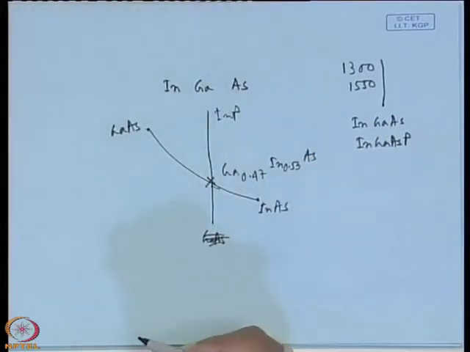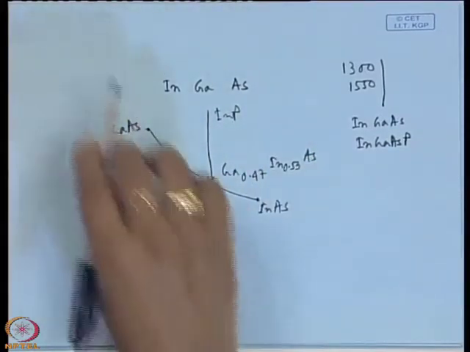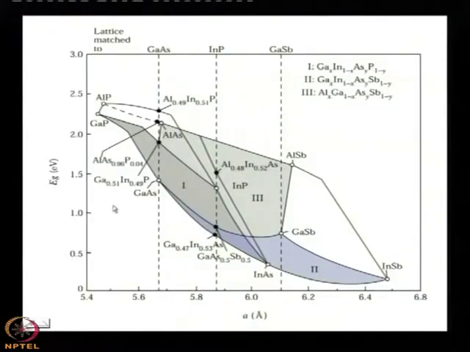So, different types of material you can grow, but the problem is the perfect matching with the substrate, because normally in the market indium phosphide and gallium arsenide substrates are readily available. You have indium antimonide or gallium antimonide, but those are not very readily available.